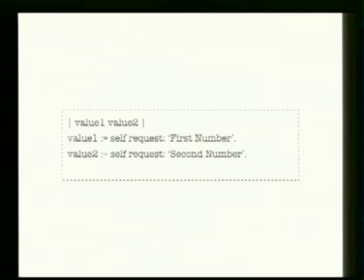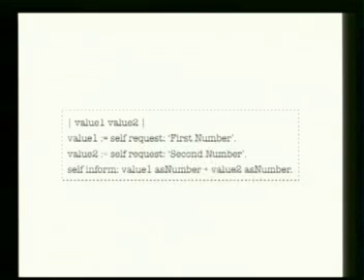It will call the same function, the function request, with a different argument, second number, and assign the result to the variable value 2. And last but not least, we have a method called inform that will just display a string on the web page and will convert those two values to numbers and add them up and show them as a result. So that's really all you need in Seaside to solve this problem.